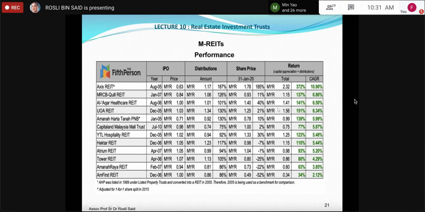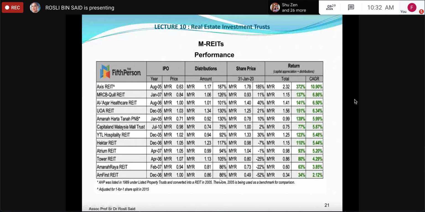And then in terms of dividend distributions, we can see Axis REIT distributed about 1.17 as dividend, MRCB 1.06. So in terms of percentage distribution, 170% for Axis, 126% for MRCB Quill.